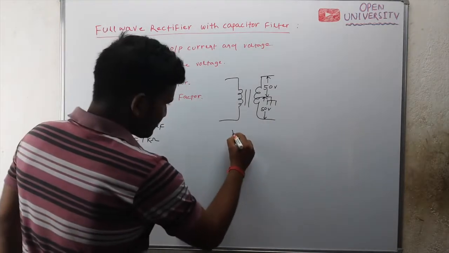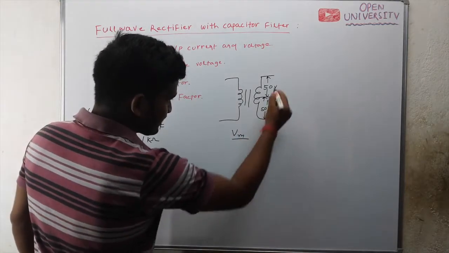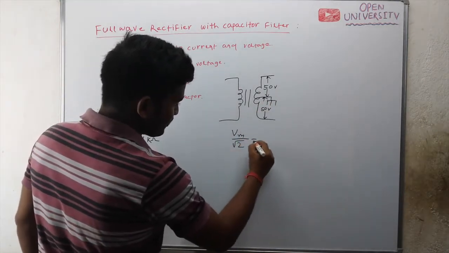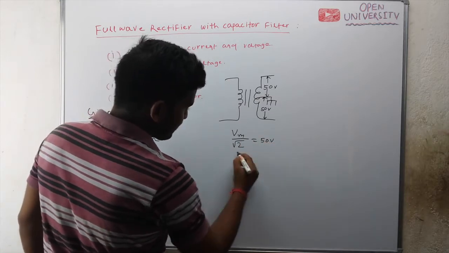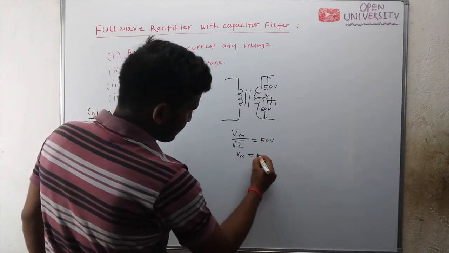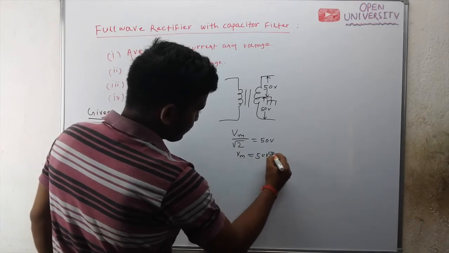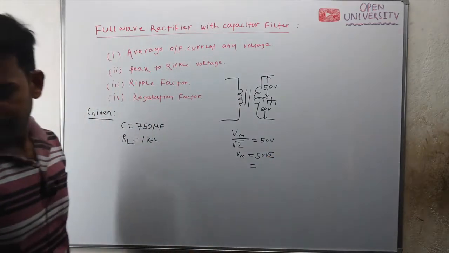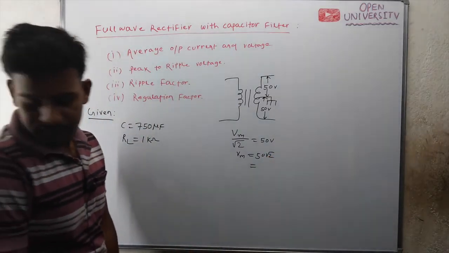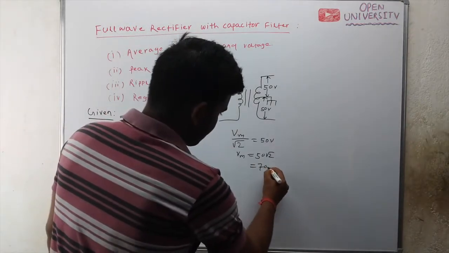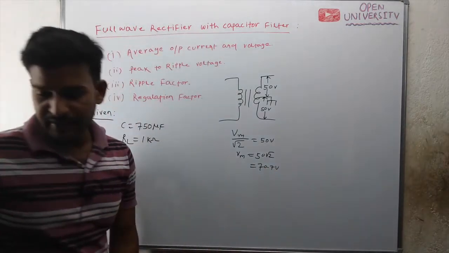If the RMS value is given, that is Vm by root 2, which is 50 volt. So what is Vm? 50 times root 2, which is 70.7 volt.